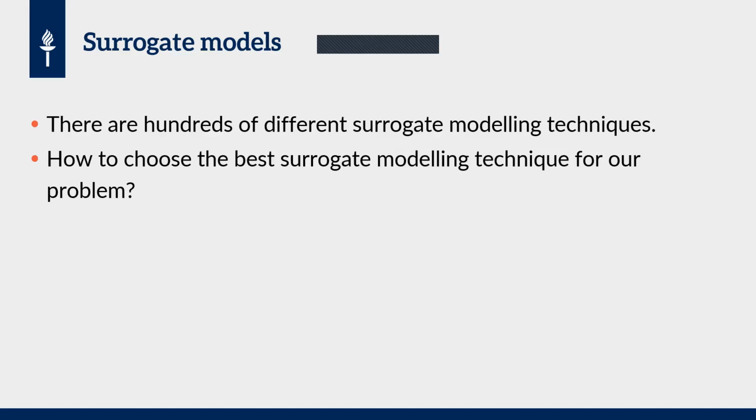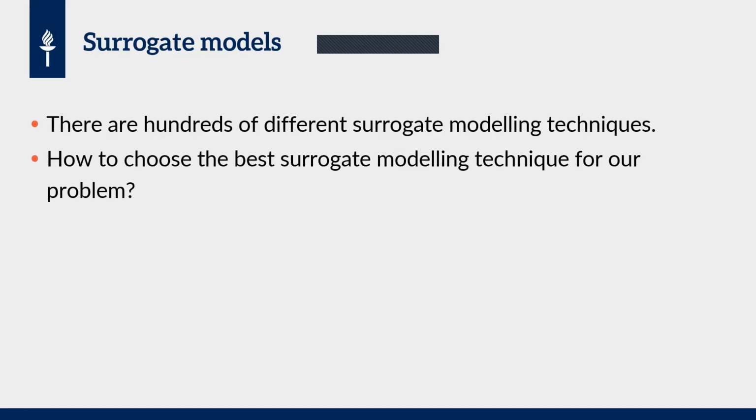And the surrogate model can predict that, oh, it will have this value for this objective and that value for that objective. And based on that information, the optimizer can then conduct optimization. But there are hundreds of different surrogate modeling techniques that are openly available. Which one to use? What is the best one for our problem?